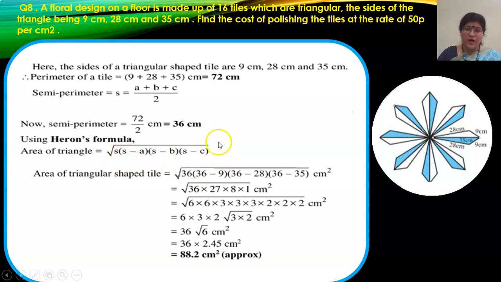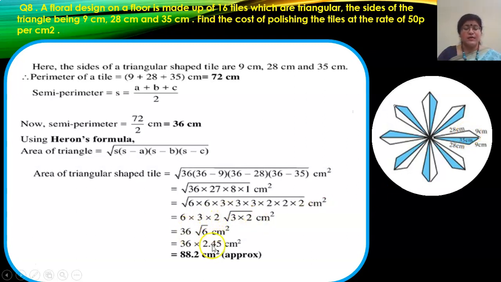By now you should be knowing how to do it because we have done many problems based on Heron's formula. So area of the triangular shaped tile. S is 36. This is the substitution and you get the area as 36 root 6 centimeter square. That means 36 root 6 centimeter square is this region in white, this white triangular region.